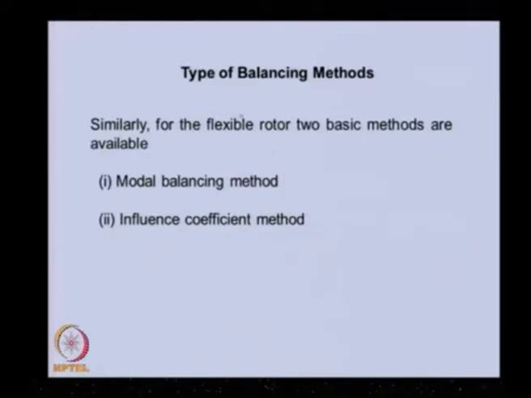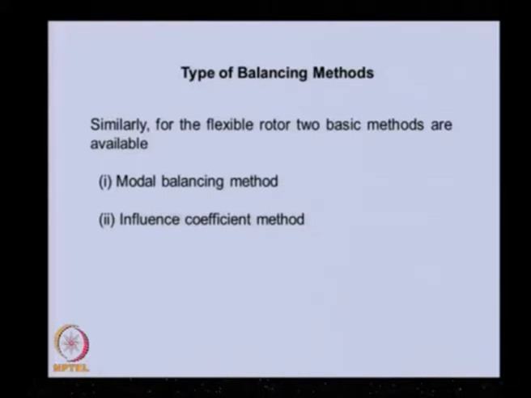In flexible rotor balancing, again there are two basic methods. One is the modal balancing method, in which we try to balance the rotor for various modes: first mode, second mode, third mode, like that. The second method is the influence coefficient method. This is a more advanced method, in which the concept of the influence coefficient for rigid rotor balancing is extended to the flexible rotor.